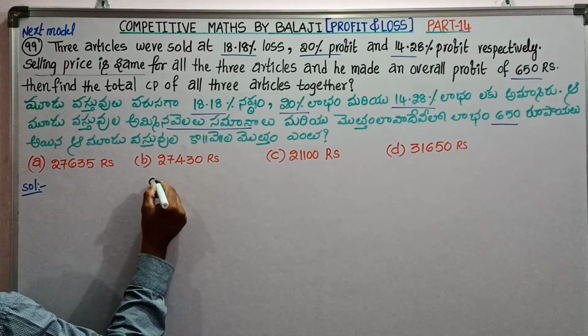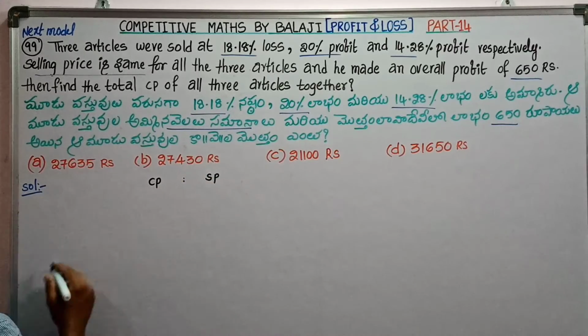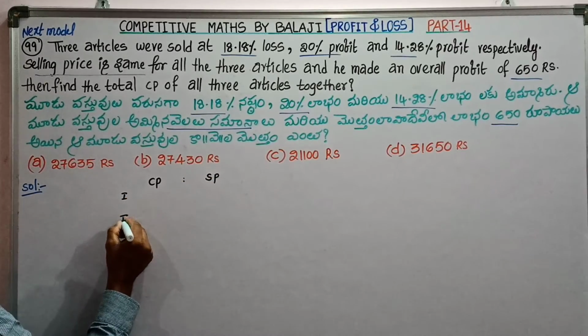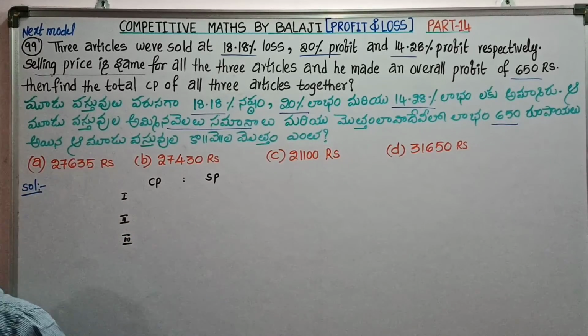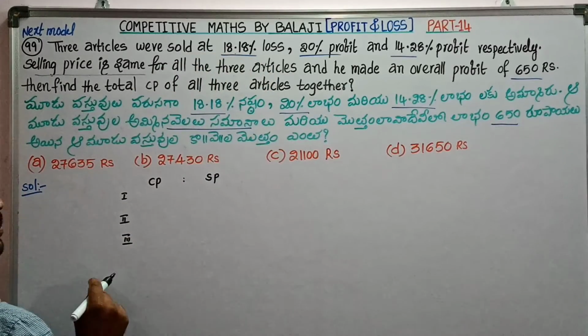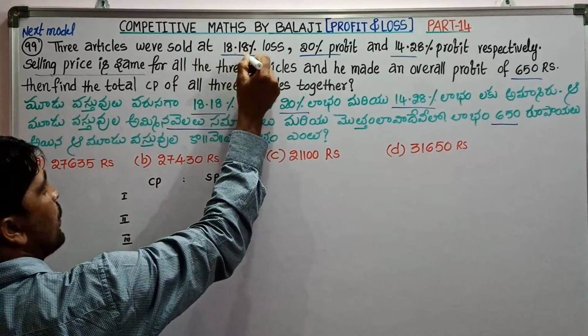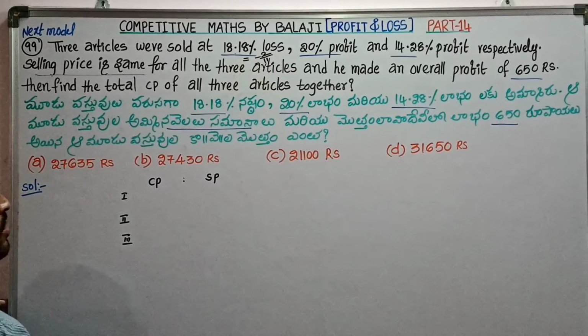So consider CP, SP of all three articles: first article, second article, third article. On first article, 18.18% loss. Fraction value of 18.18 is minus 2 by 11 as it is loss.